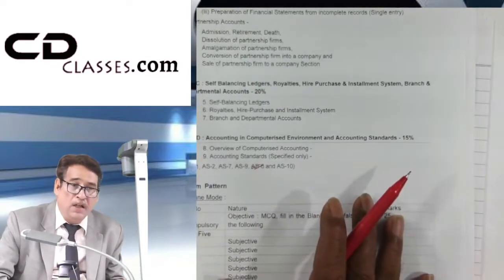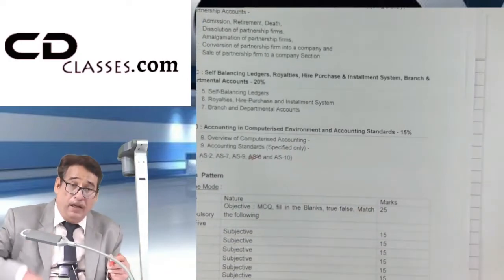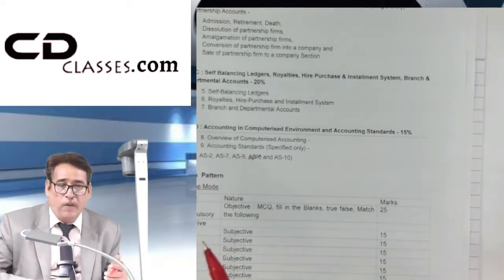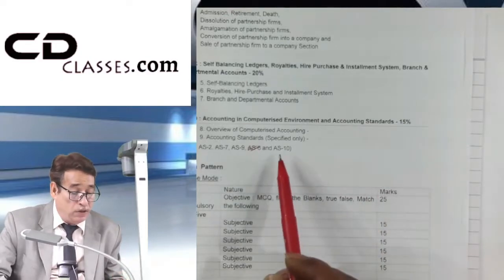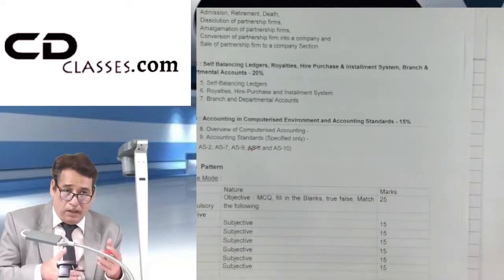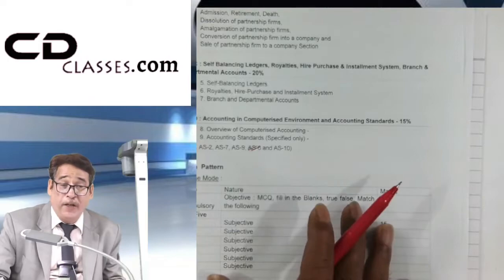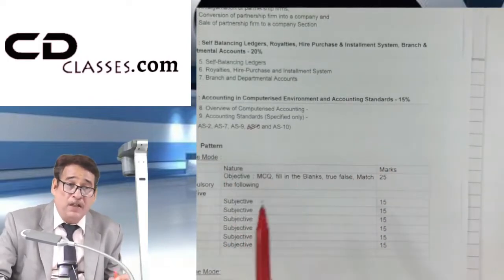So accounting standard AS10 deals with property, plant and equipment, and earlier it used to deal with fixed assets, but nowadays fixed assets as per Companies Act 2013 are known as property, plant and equipment. So this standard will encompass not only the guidelines with respect to accounting for property, plant and equipment, but also with respect to depreciation. So these are the standards which you will have to study.